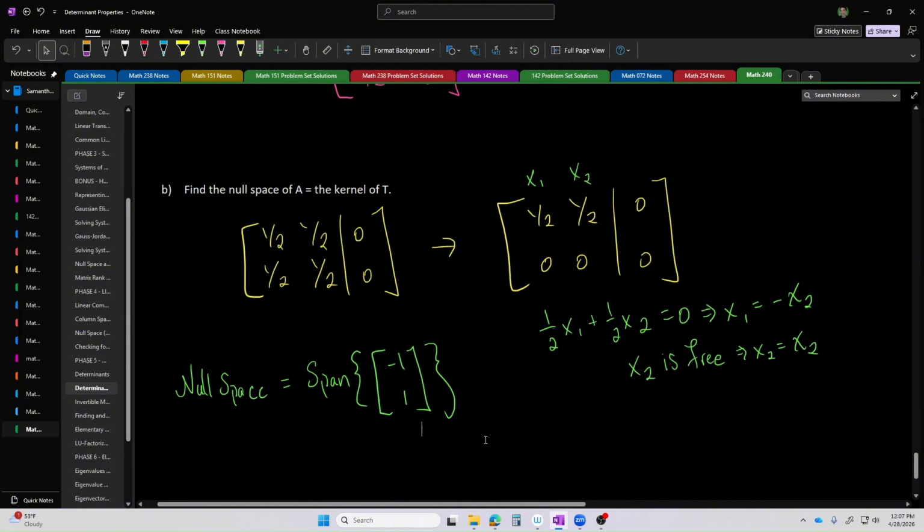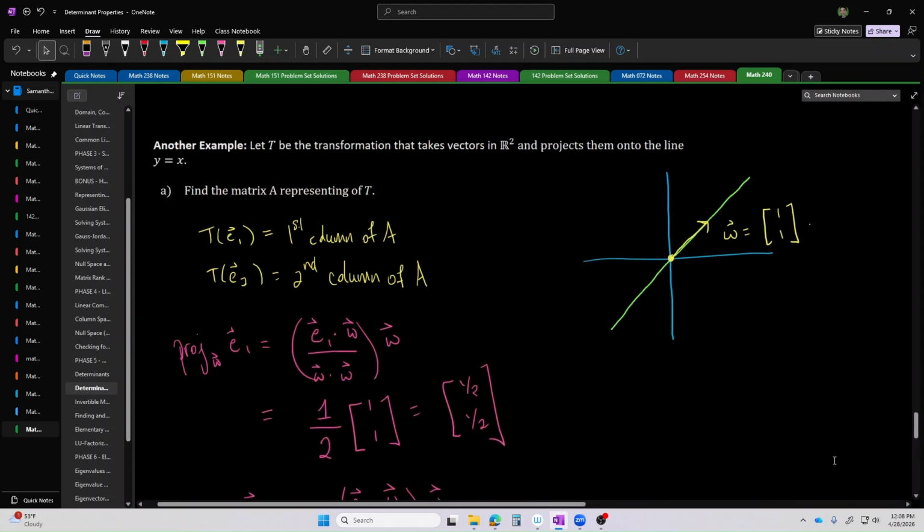So this is a matrix that is actively destroying or compressing information, which makes perfect sense when we think about what the matrix A is actually doing. The matrix A's job is to project everything in two-dimensional space onto this line.